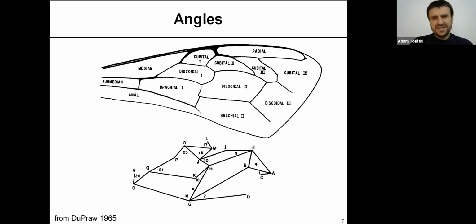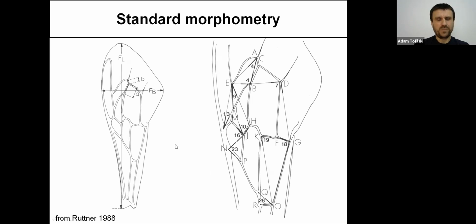So later, angles were introduced by Duprot in 1965, and he introduced many of them. And even later, Rutner used some of those angles and some other measurements, and he created the standard morphometry.